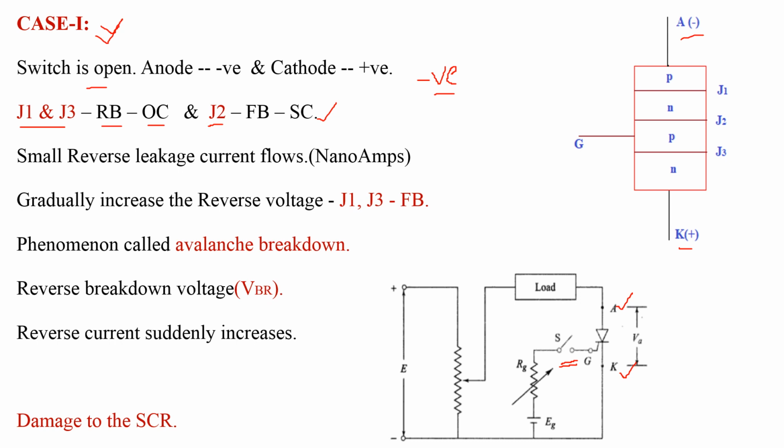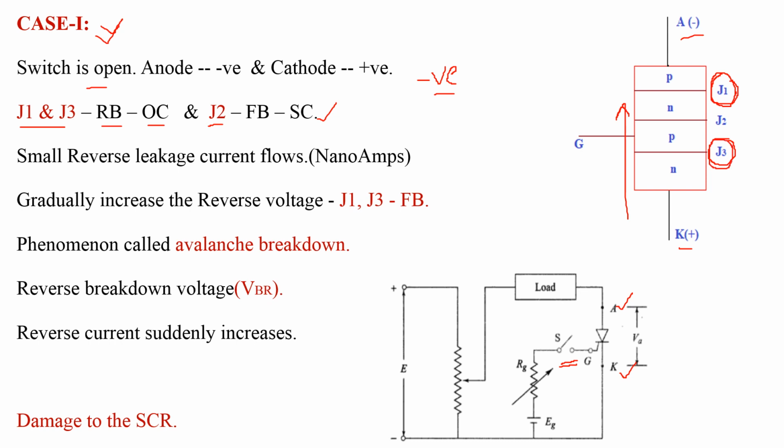This concept we already discussed in the previous video, that is, the working of SCR. Due to the reverse biased junctions J1 and J3, there is no possibility for current to flow from cathode to anode due to the open circuit of junctions J1 and J3.